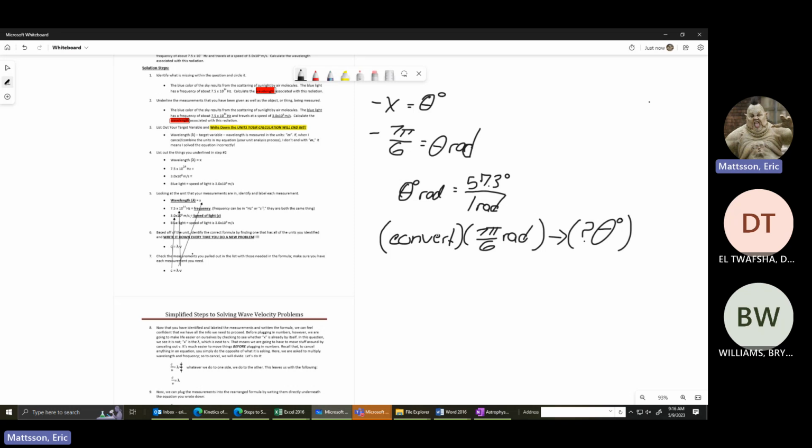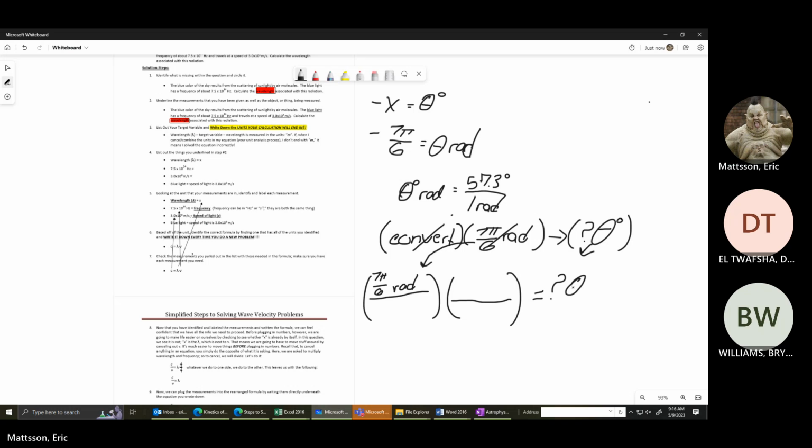So again, I write this little note because it tells me when I see the word convert, I'm going to multiply two ratios by each other. And whatever I put here always drops into this first spot. Then whatever I put at the end always drops into this last spot. Okay. And then I just go about filling this in.